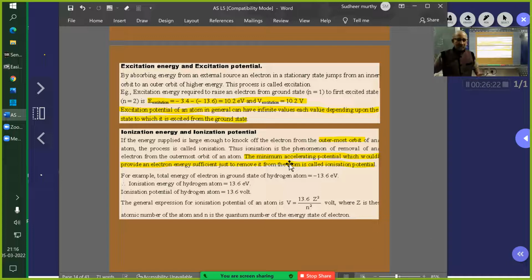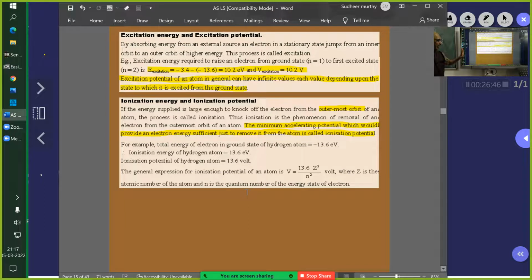That is why the potential difference here is called accelerating potential, which should provide an electron sufficient energy to remove it from the atom, and it is called ionization potential. So the key words are minimum accelerating potential. That is why I had marked it.